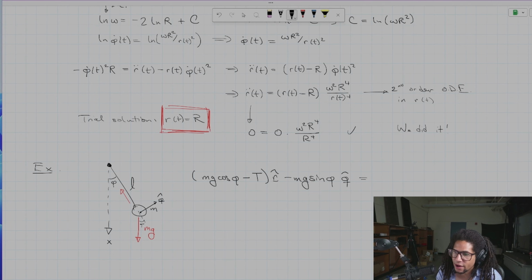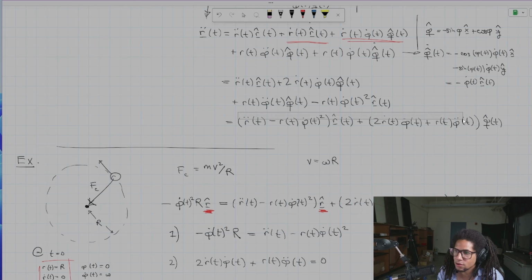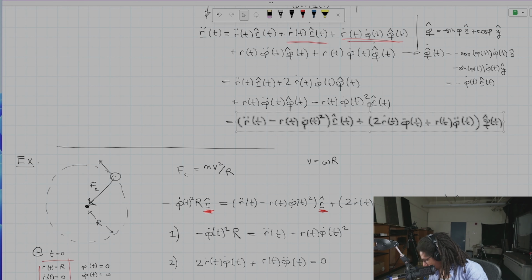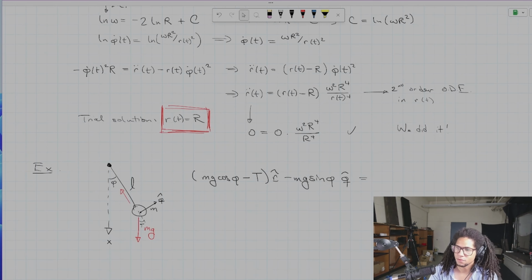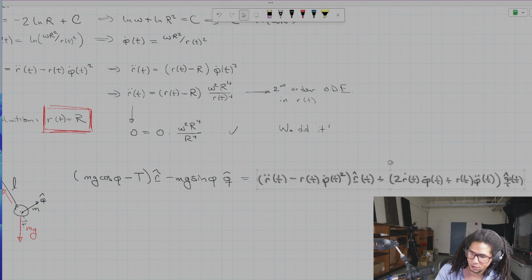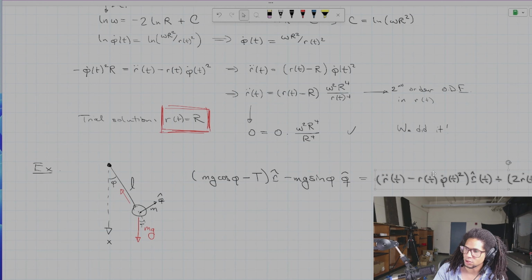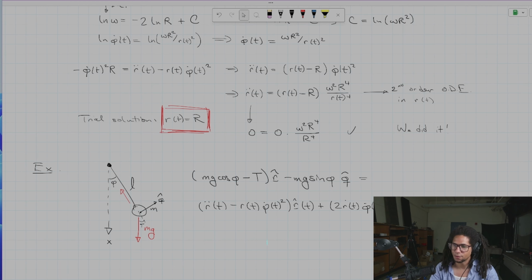Then we're going to have minus, well, we got to copy our stuff from up here. Probably should pull that down to about here. Good. Okay, these two equations give us everything we need.